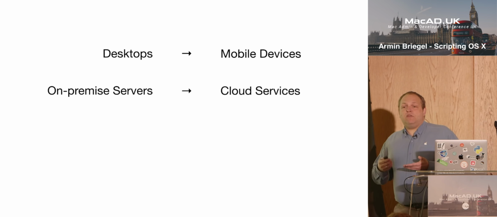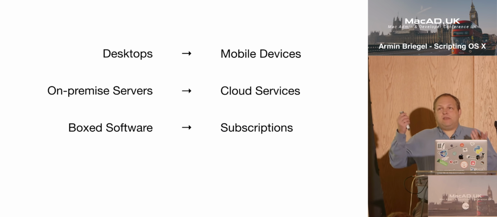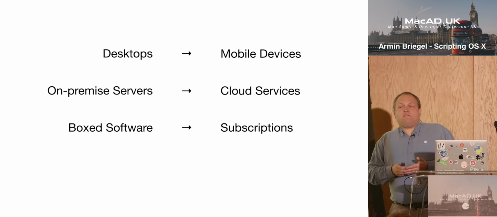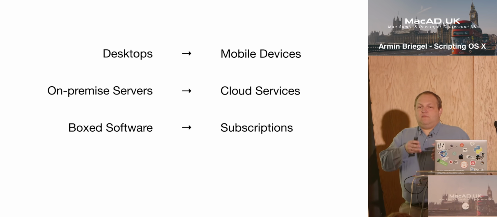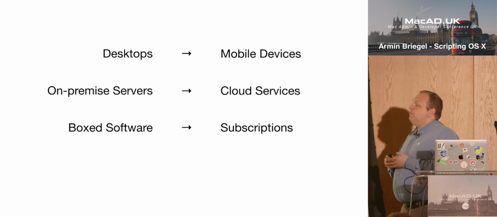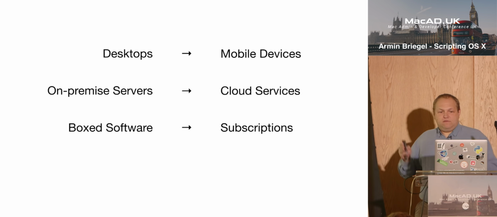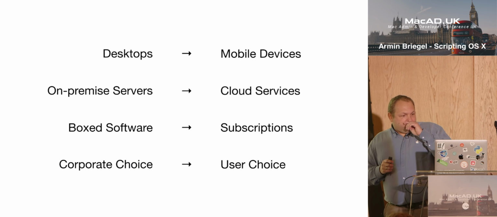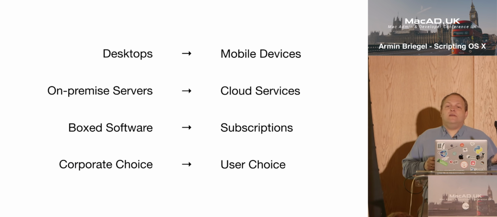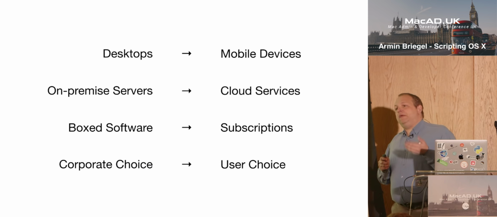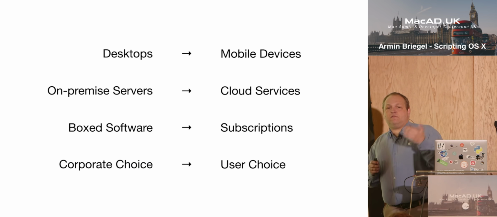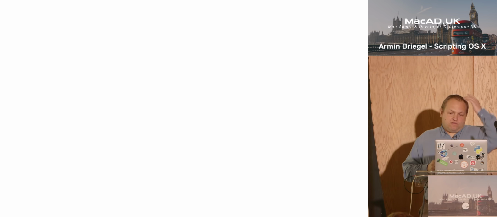More and more things are moving to cloud services, which is somebody else's server room, but there's advantages to that. Boxed software and licensed software is moving to subscriptions. We heard all about that yesterday, subscriptions. Corporate choice is moving to user choice. The users should be empowered. They're the experts in their field. They should make the right choices.